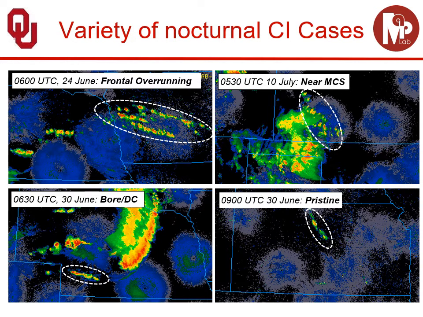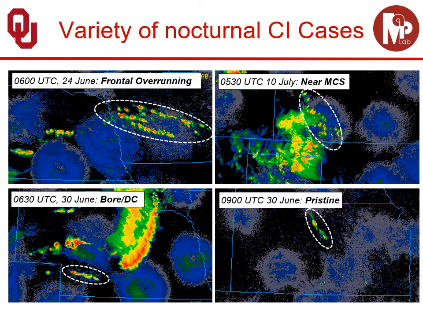Just to show a few of those types of cases that were observed during PECAN, we had large-scale frontal overrunning events, which most commonly occurred when the low-level jet interacted with a surface boundary. There were also events associated with apparent MCS forming either out in front or behind the larger system, as well as smaller-scale CI events, such as those generated along a bore or outflow boundary, or even pristine CI events with no clear forcing mechanism.